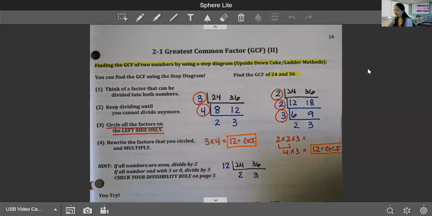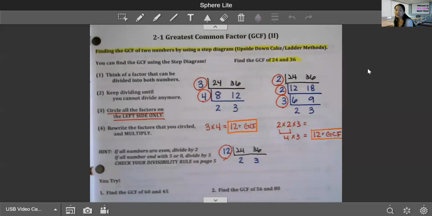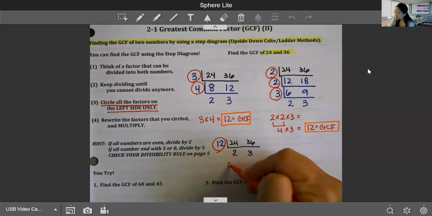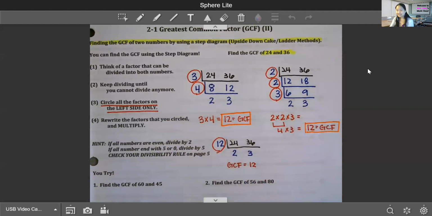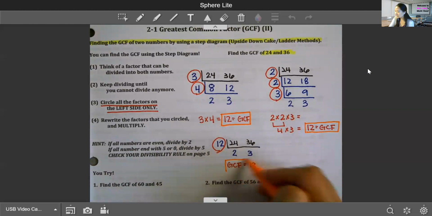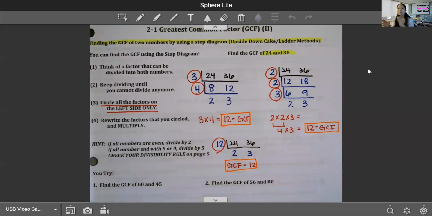So then you circle the 12 on the left side, and since that is the only number there, your greatest common factor is 12. So as long as you divide correctly, your answer will be the same no matter which factor you use to divide, and no matter what order you use, okay?